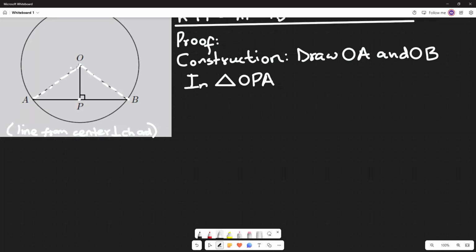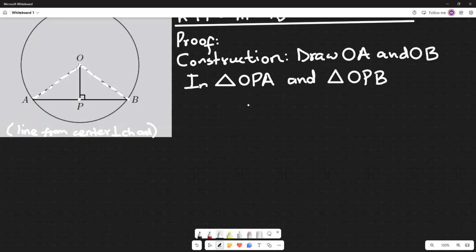Remember, the letters are not always going to be O, P, B, it can be anything. You just need to know how we move, from here to there, then there. And then you're going to say and triangle OPB.